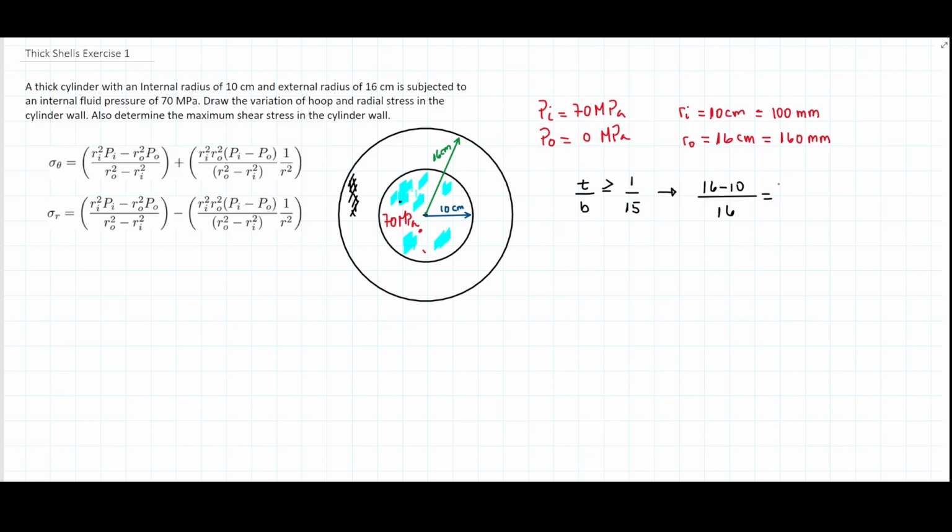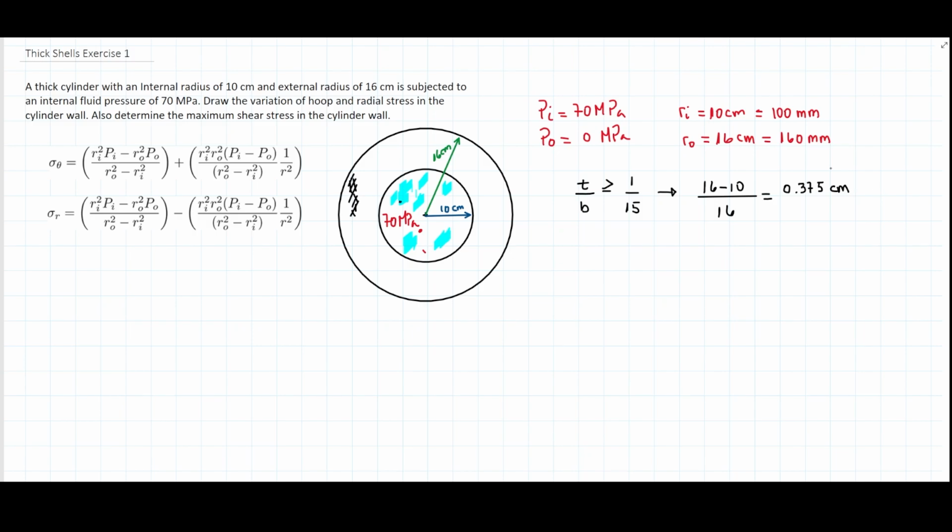If I make that calculation quickly, 16 minus 10 divided by 16 is 0.375.